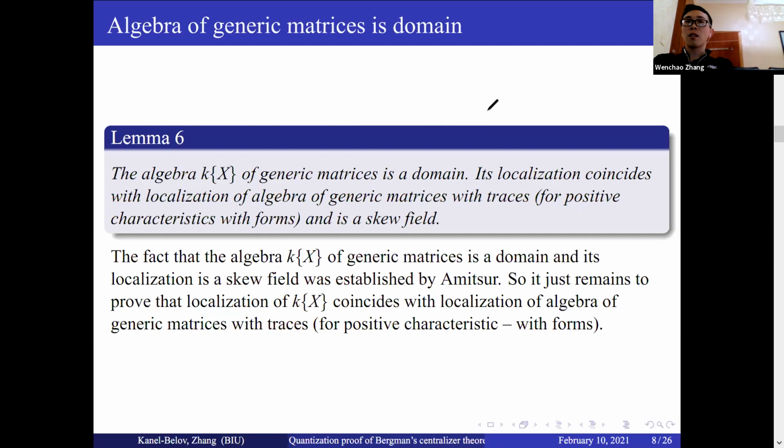So whether we have it with traces or without traces, their localizations coincide.